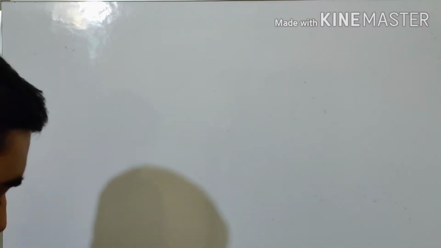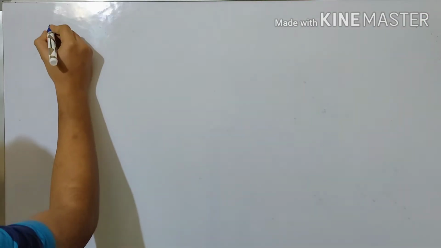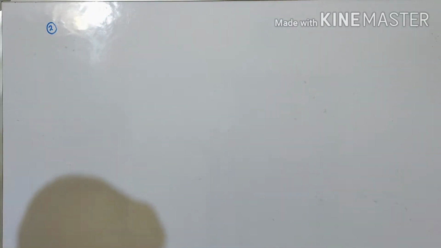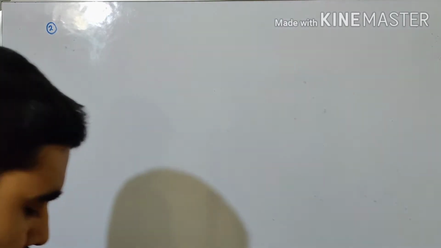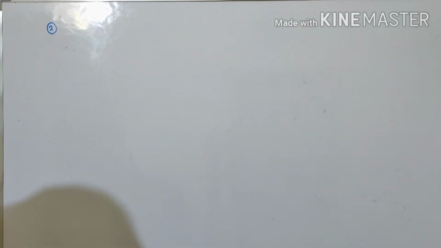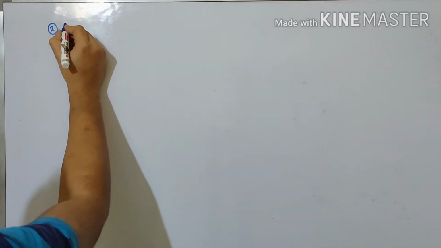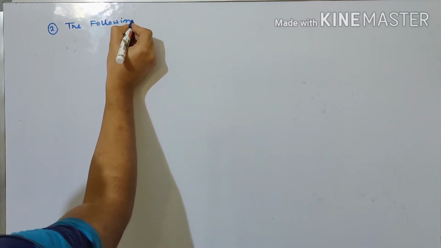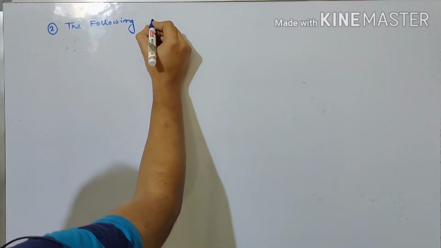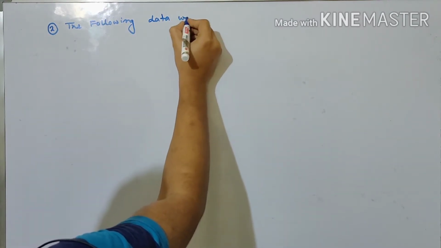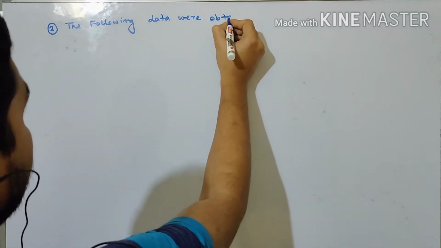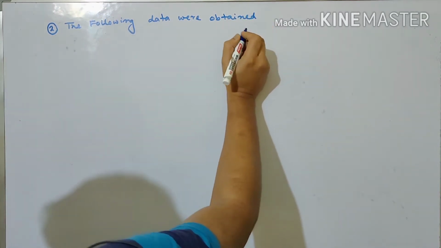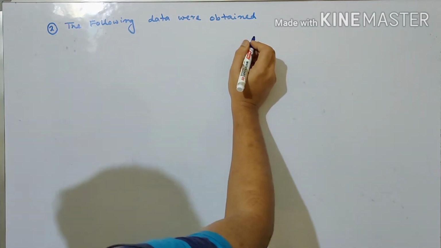This particular problem which we are going to solve now is different in that for the first time we are introducing the pressure term instead of the concentration term. So let us see how it goes. The question is: the following data were obtained during the first order thermal decomposition of N2O5.